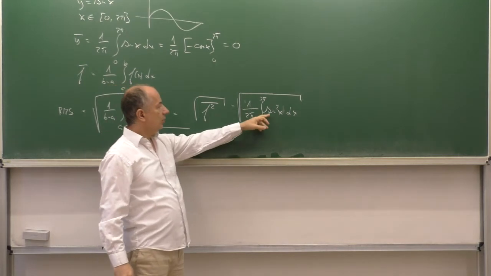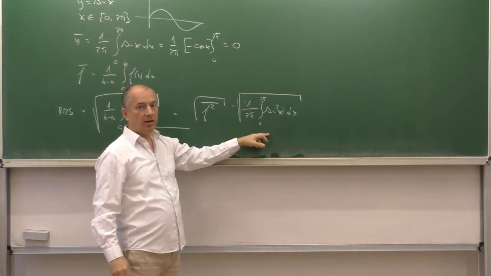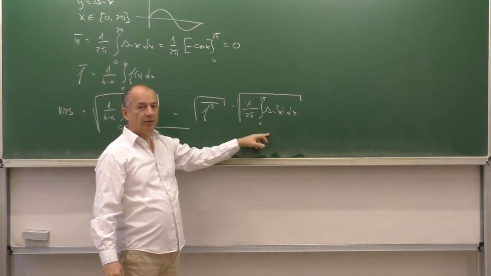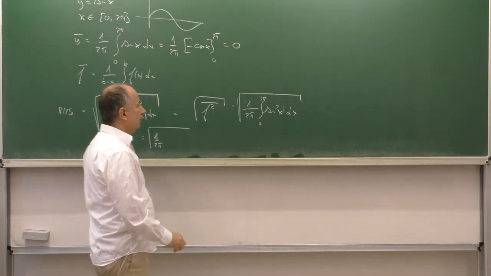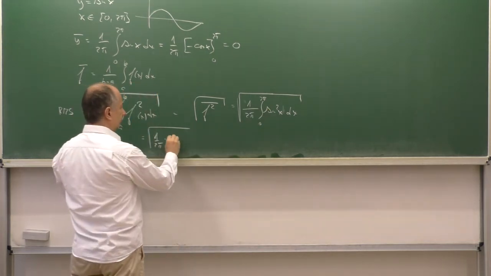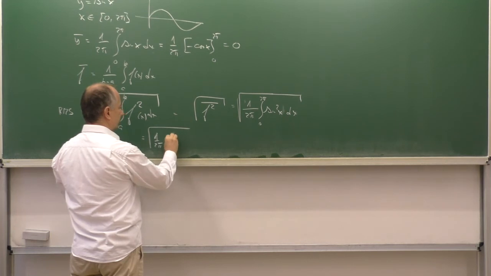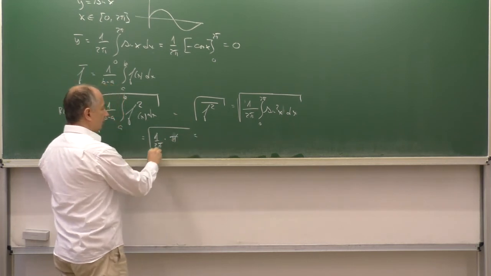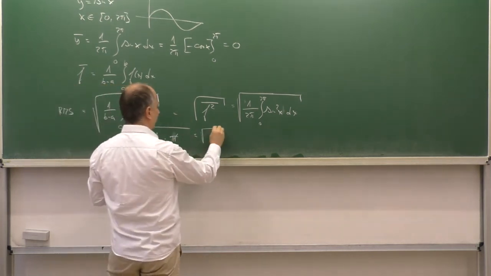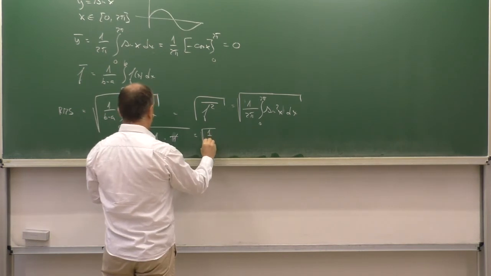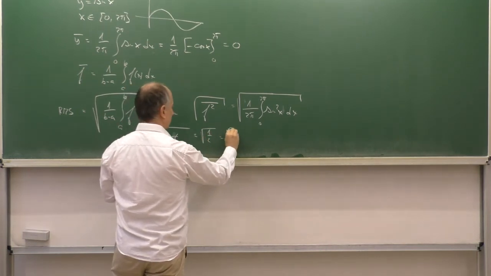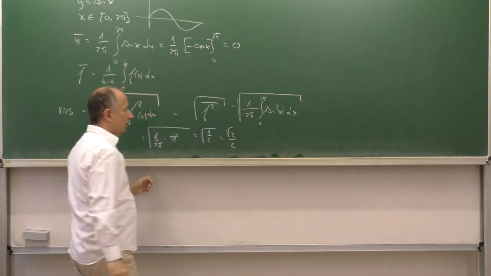And integrating 1/2 from 0 to 2 pi gives half of the difference of the limits, which is pi. We can reduce pi, and we have square root of 1/2, or square root of 2 over 2.